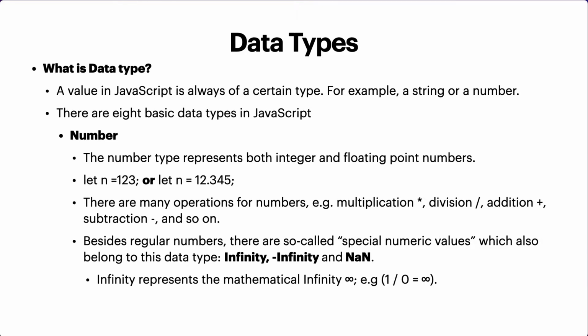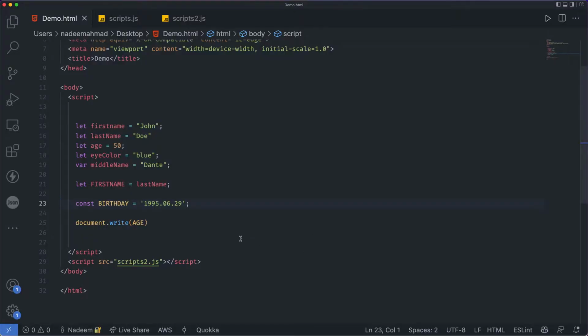Infinity represents the mathematical infinity. It's not something specific to JavaScript or any programming language. We can get infinity by just dividing a number by 0. This is just a normal mathematical operation. So let's do it in the code editor and see how it really works.